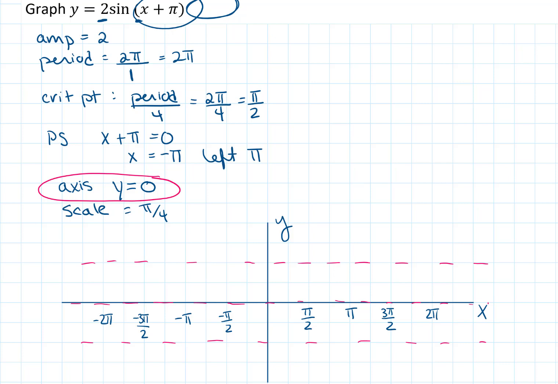Now because I'm drawing a sine graph, sine usually starts at 0, 0, it goes up and then down, and that is 1 period. This point that normally is on the origin has been shifted to the left by pi. So that's going to be my starting position.